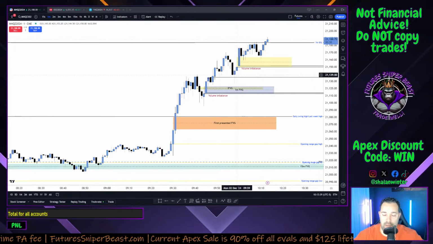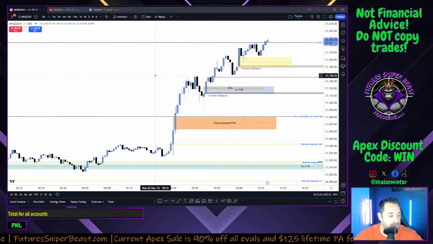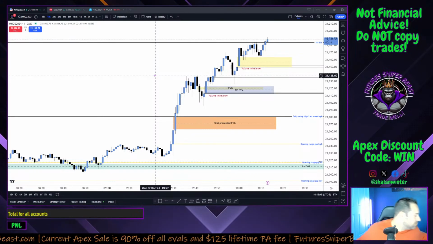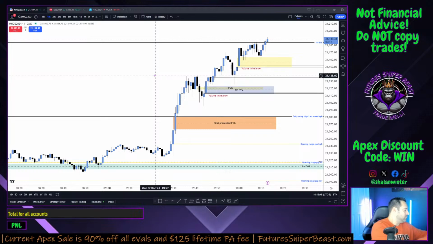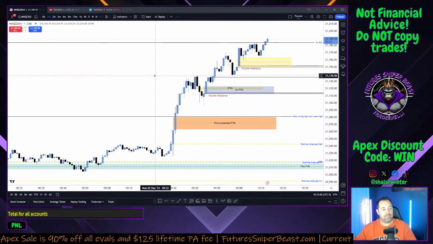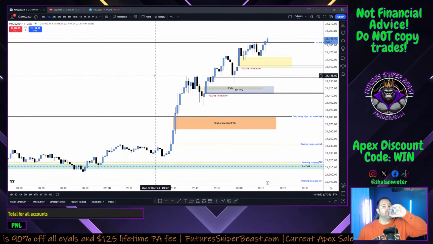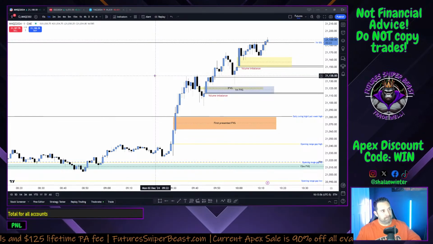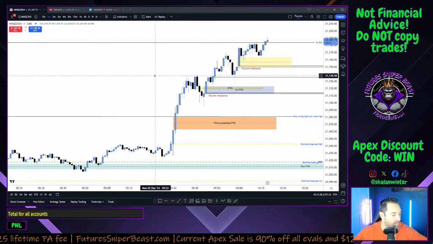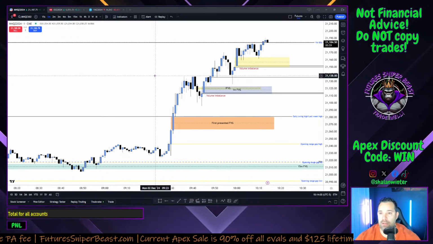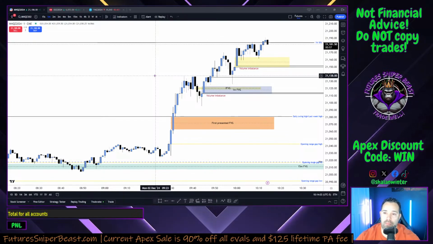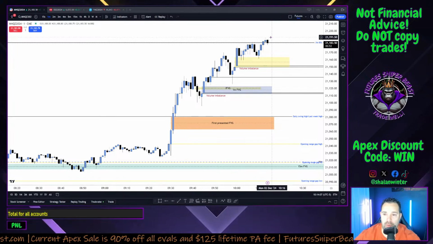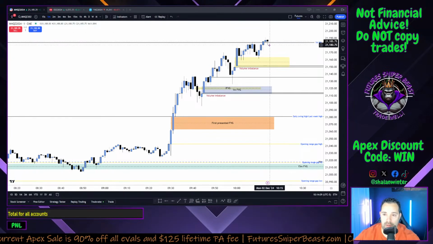We still got plenty of time for now. All right, now that we've closed above that buy side liquidity here, I don't want to see it spend any time up here anymore.